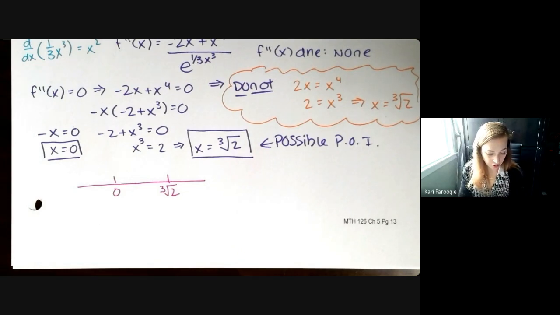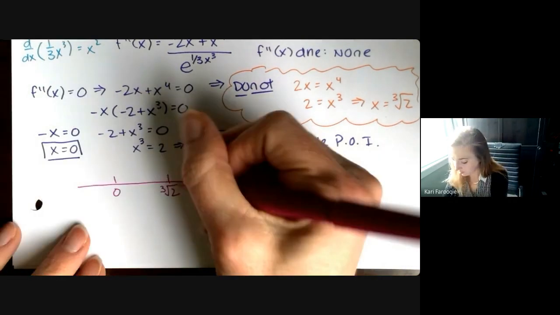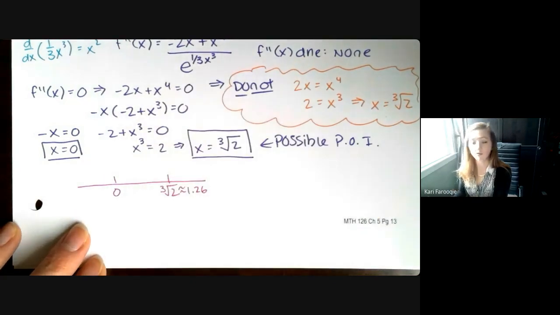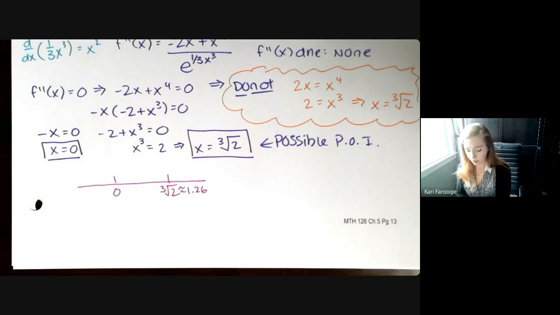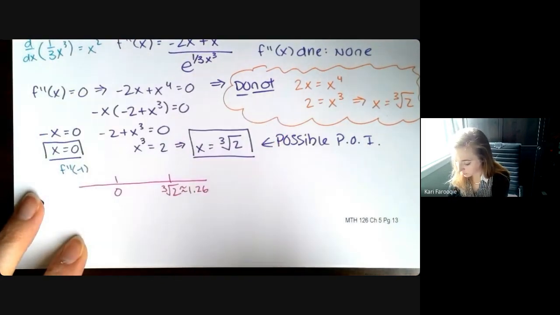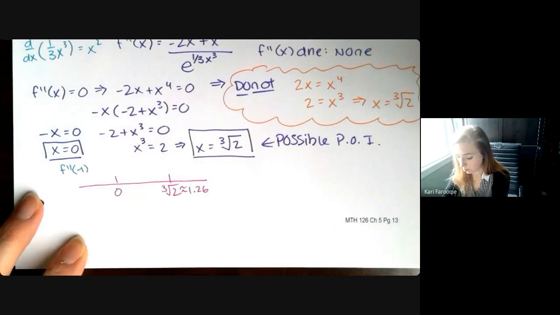The cube root of 2 is 2 to the 1/3, which is about 1.26-ish. So you have some sort of clue where your test points are going to lie. I'm going to test -1, and +1 will work because it's between 0 and about 1.26.